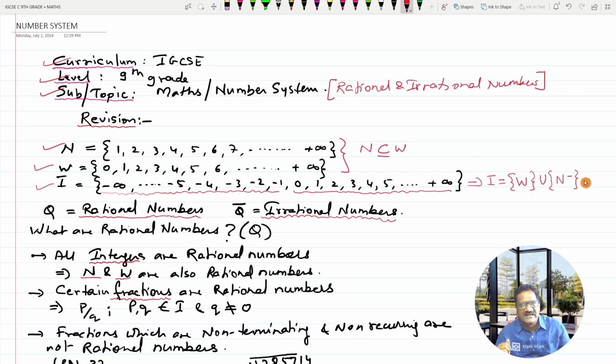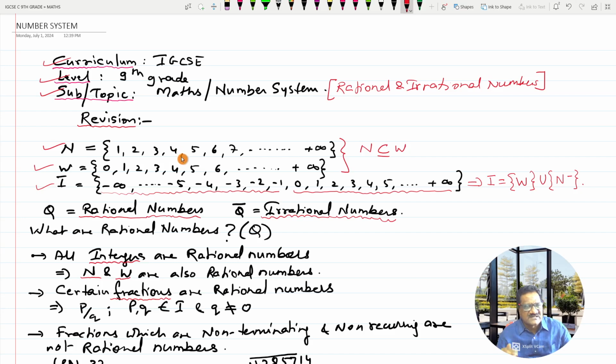And of course you have a zero also in that, but when I mention whole numbers, there's no question of putting this zero separately, because zero is included in the whole numbers. So integers are a combination of whole numbers, which consist of zero and the natural numbers, and also negative natural numbers. Is that okay? Fine. So this is what I have put into revision.